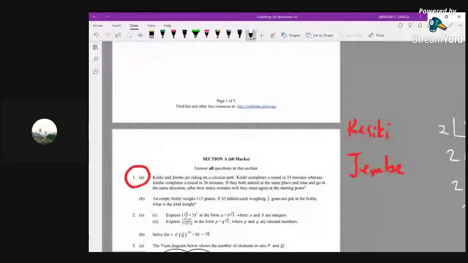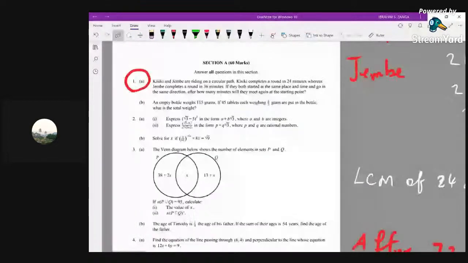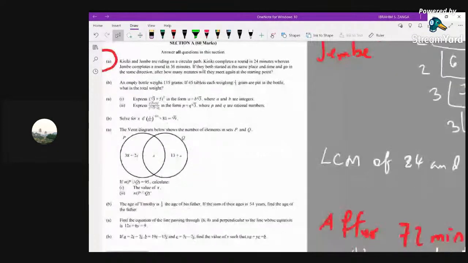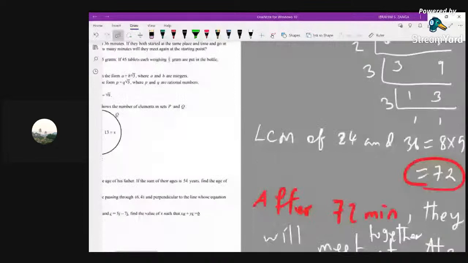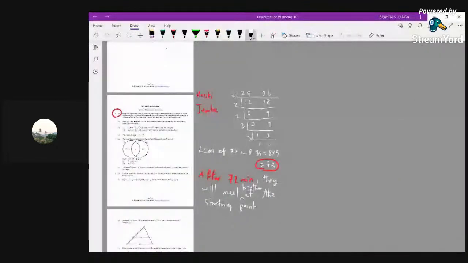Question number 1B, an empty bottle weighs 115 grams. If 45 tablets, each weighing 3/5 grams, are put in the bottle, what is the total weight? So we can visualize the empty bottle.